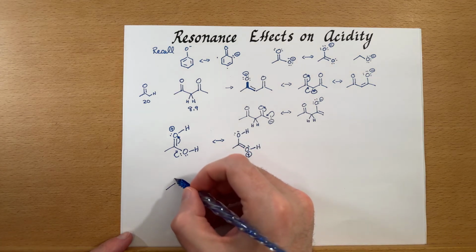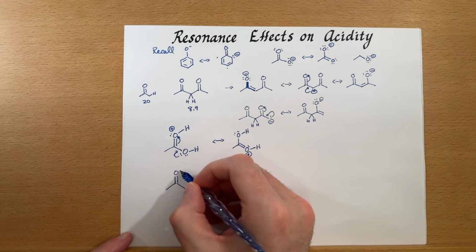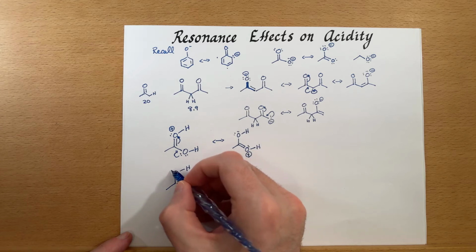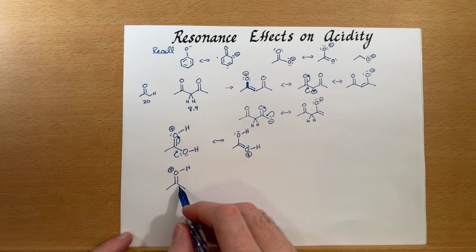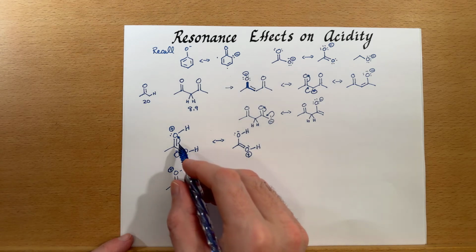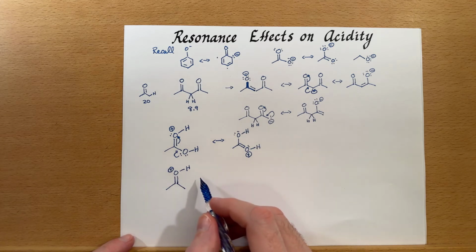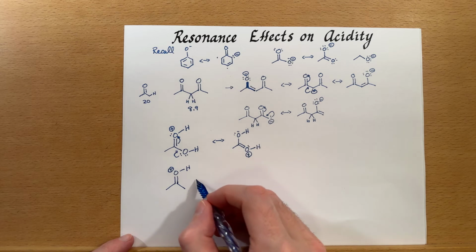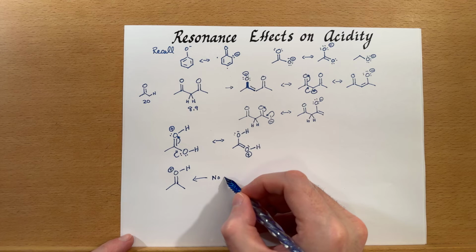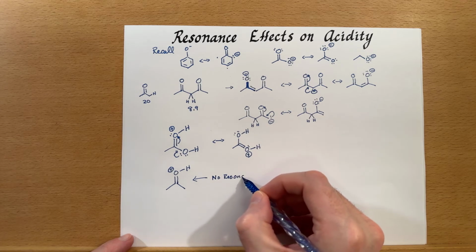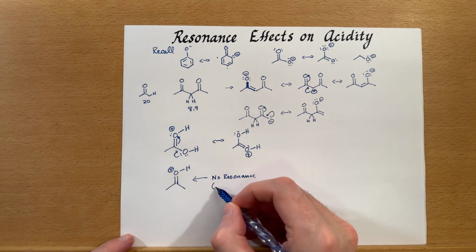Let's contrast that with a protonated acetone. So this structure looks kind of analogous to our acetic acid. I've still just protonated a carbonyl. But the major difference here is there are no resonance structures. So this is less stable.